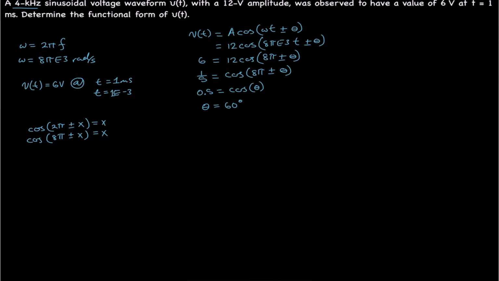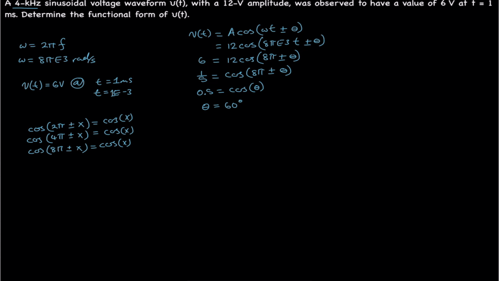So in our case, we could have put 4 pi or whatever it is, it doesn't matter. I should write this as cosine x.